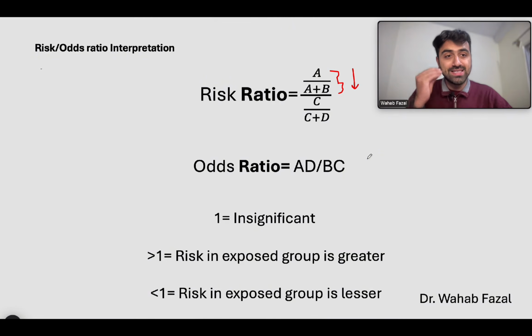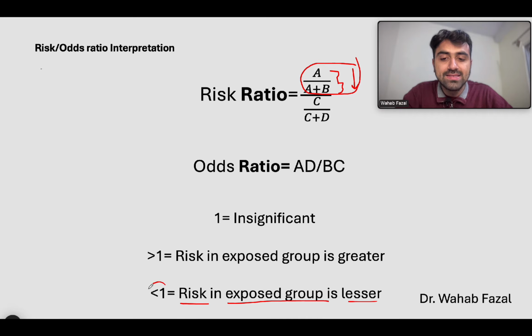This can be a drug, a medication, a mask, or some sort of intervention that we are trying to experiment with that is somehow reducing the outcome development in the exposed group. So that's when the risk in the exposed group is lesser. That's less than 1. This is risk ratio and odds ratio interpretation.